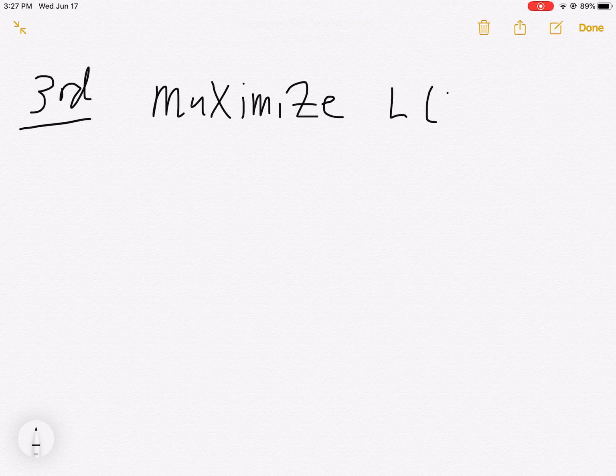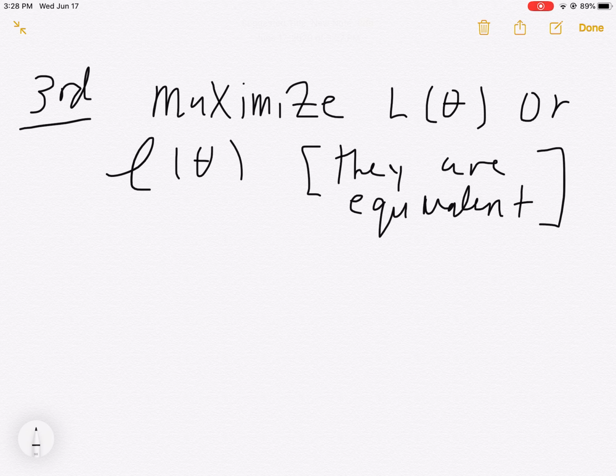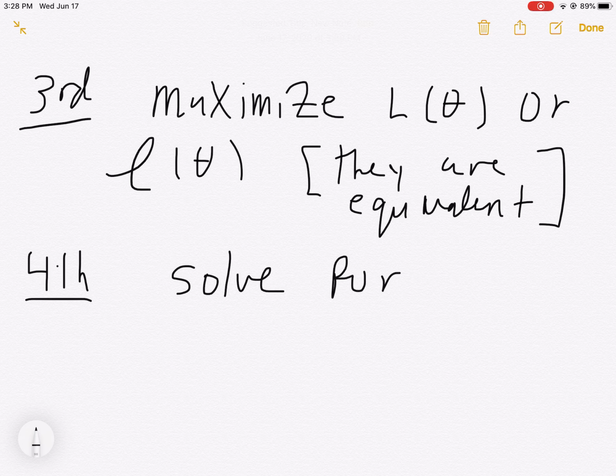Now, third is to maximize L of theta or little l of theta. They're equivalent. And then the last step here is to solve for theta.